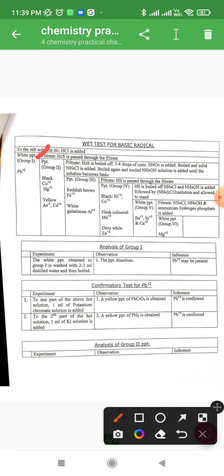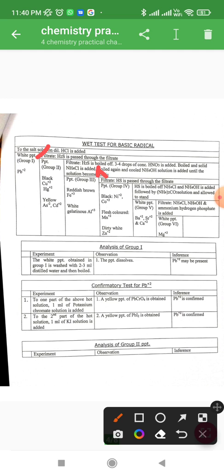Then you write, again you draw a line, then you write H2S is passed through the filtrate. Then you write filtrate or solution also you may write. Then here you have to write group 2 is absent. No precipitate, group 2 is absent. Then you write H2S is boiled off, 3-4 drops of concentrated nitric acid is added, boiled, and solid ammonium chloride is added.